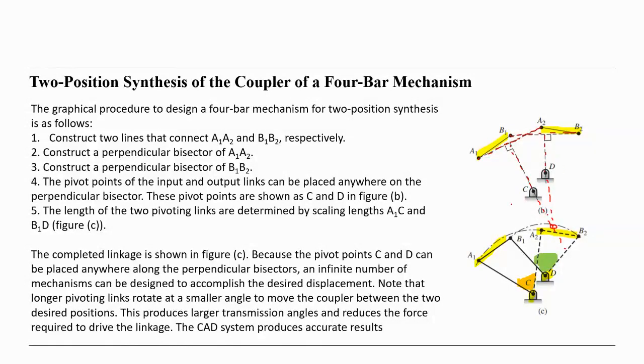And depending on the space we have in the machine, we can select the positions C and D. It could also be like this, or this, depending on the place we have.